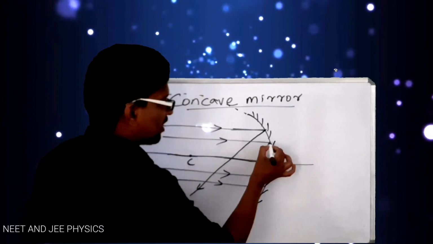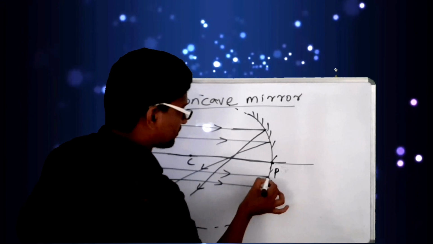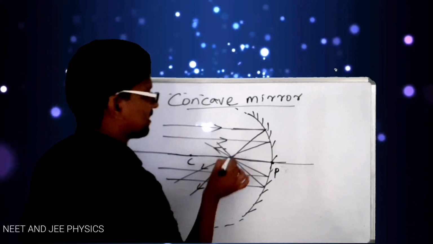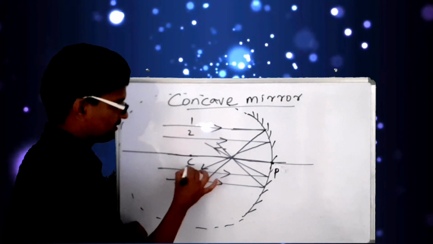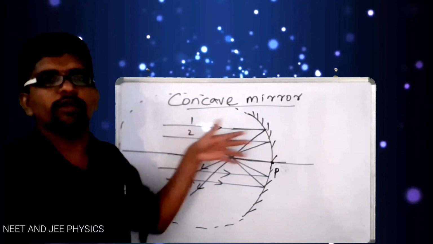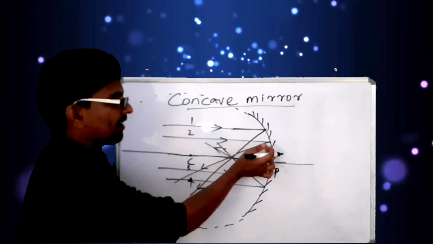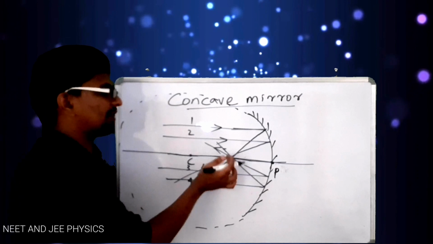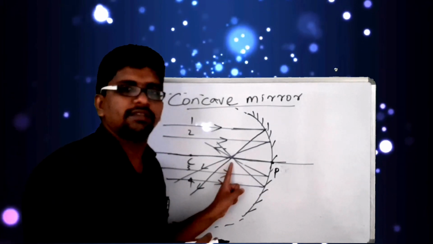After the reflection, you can see all the reflected rays go through a common point on the principal axis. See, 1, 2, 3, 4 incident rays are going parallel to the principal axis. After the reflection, this is the first reflected ray, this one is the second, this one is the third, this one is the fourth. All these reflected rays will meet at this point.